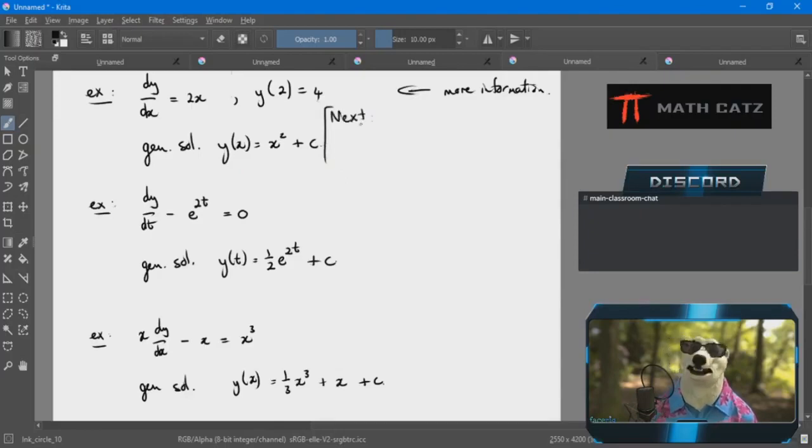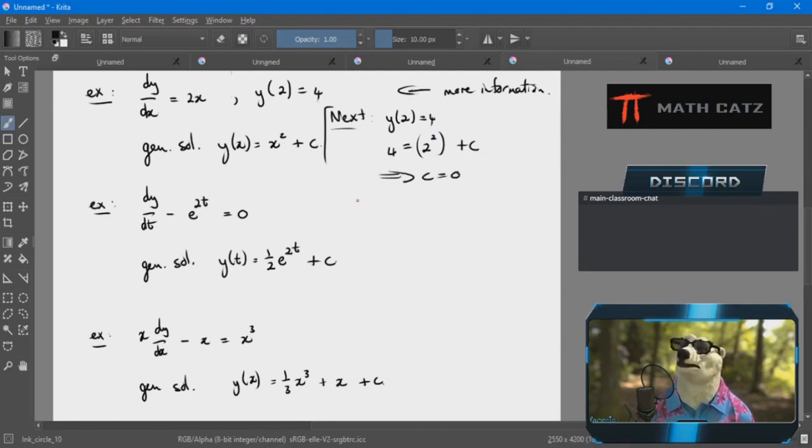Next, I can say, okay, let's use this extra information to find in particular which value of c, which function you want that solves the differential equation and satisfies this extra information. So I simply plug it into the original equation. y is 4, x squared will be 2 squared plus c, and that tells me that c is 0.